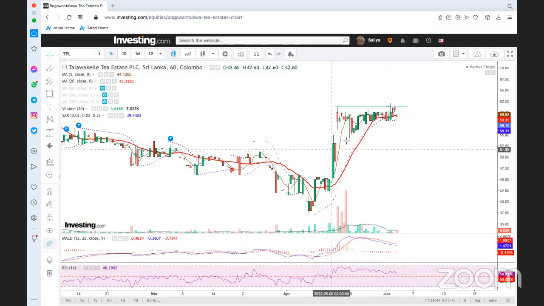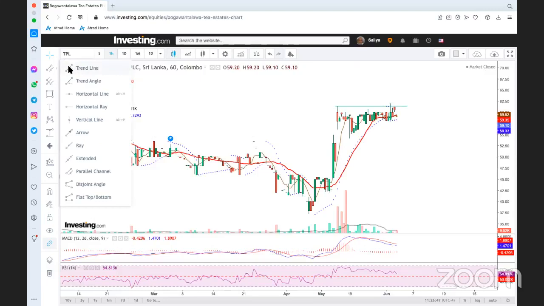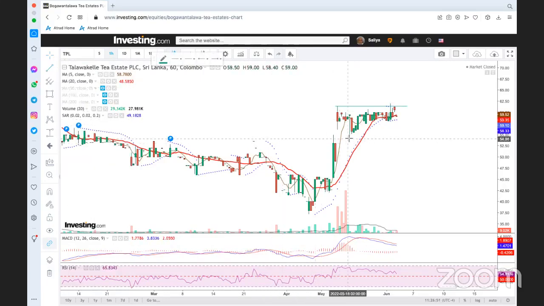Then you can see that there is a high-low formation over here, right? So I will be making use of that high-low formation to draw a trend line like this and join up from here to here. I'm making use of only 2 points.